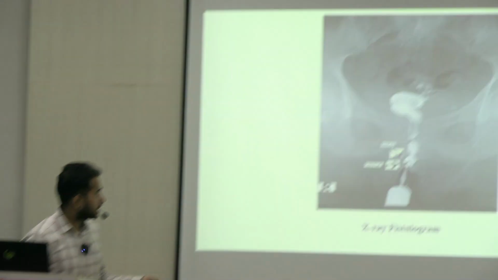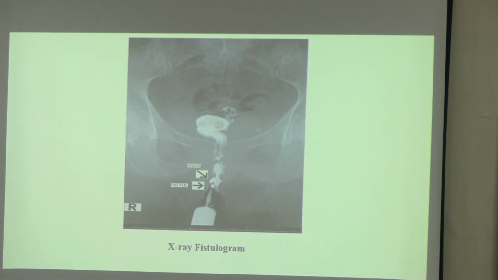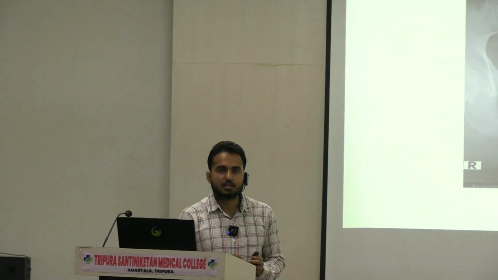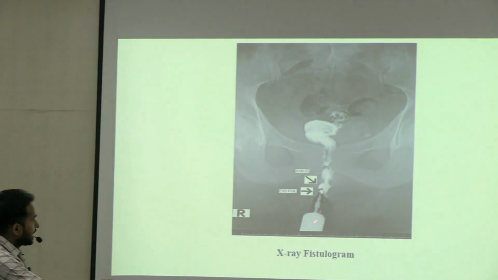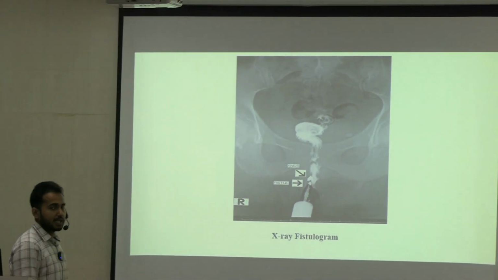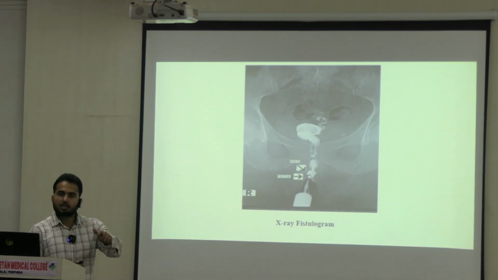So let me show you an image here. Here you can see the X-ray image of a fistulogram. In this case, when a person is suffering from fistula, what is done? You can see that with the help of the syringe, radiopaque contrast media is injected around the perineal skin. Now what will happen once the contrast media is injected?